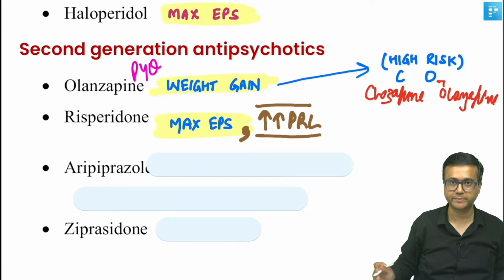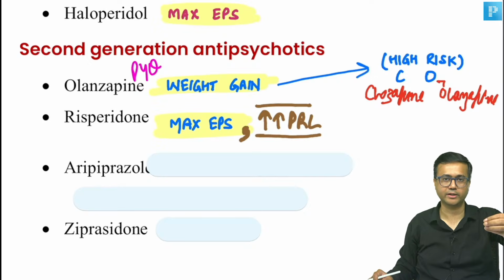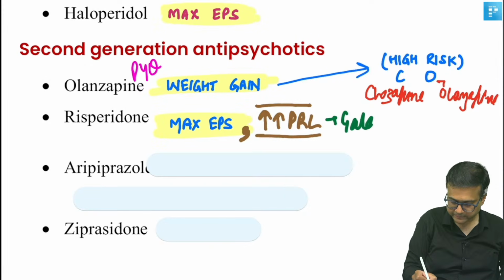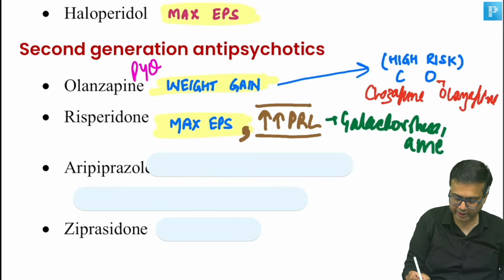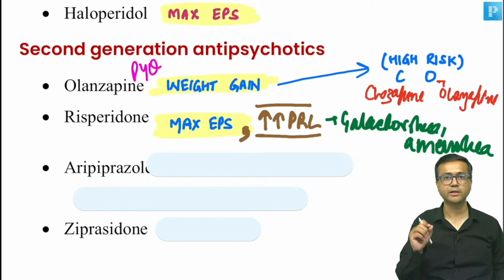Very good. Please remember. So a young female, 20-year-old, 25-year-old female on antipsychotic, she is not pregnant, not delivered any baby, but comes to you with complaints of galactorrhea, milk secretion from the breast, or is reporting of amenorrhea. So this could be because of hyperprolactinemia. So very, very careful one has to be.